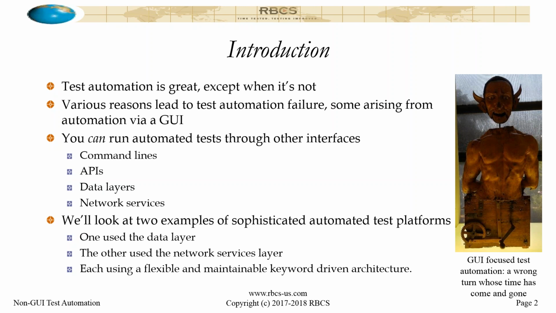And a lot of that, surprise, surprise, was being pushed by vendors who were pushing graphical user interface test automation tools. I certainly used some of these tools in the 90s, and there were a lot of problems. Now, we have better tools now, but some of the same problems still exist.